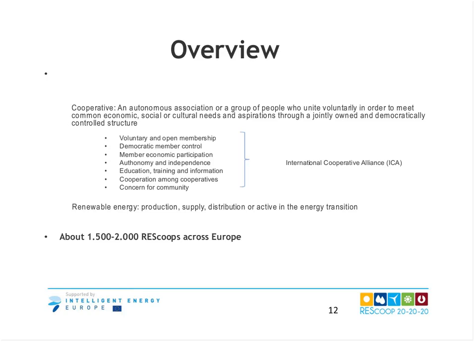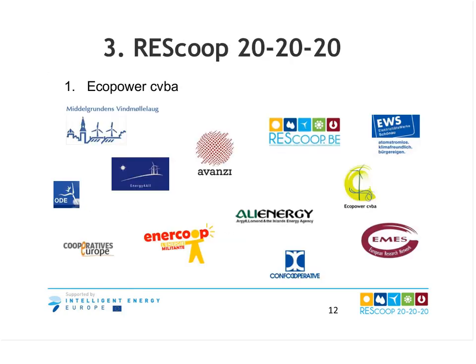This is one of the reasons why about a year and a half, 2 years ago, we started with the REScoop 2020 Intelligent Energy Europe program with these partners. Some of them are quite well known, like Middelgrunden, with their offshore wind farm in Copenhagen, or Schönau, the people from the Schwarzwald in Germany, who bought back their distribution net.